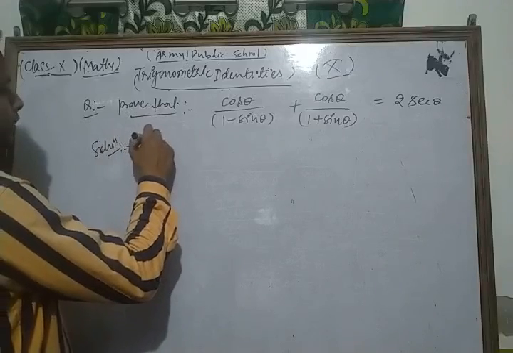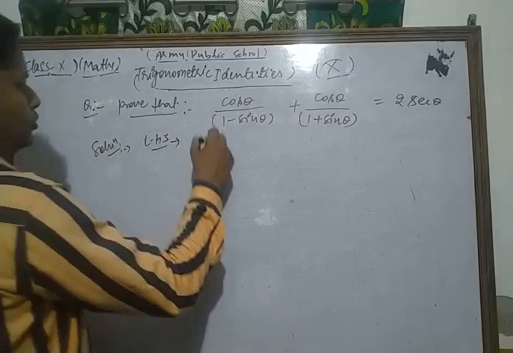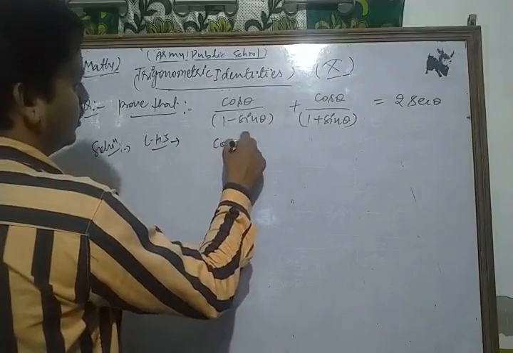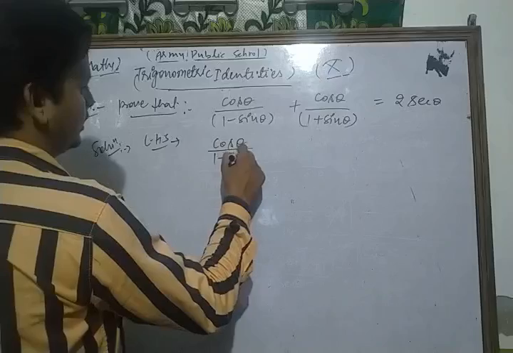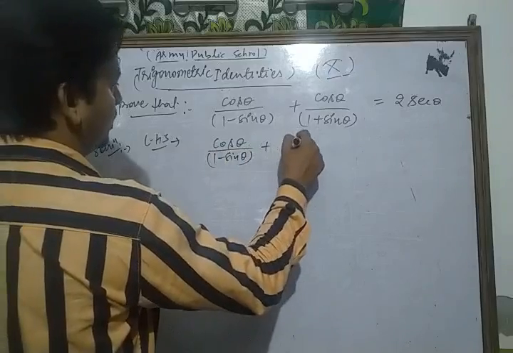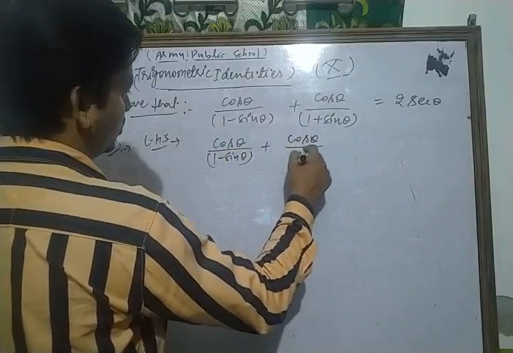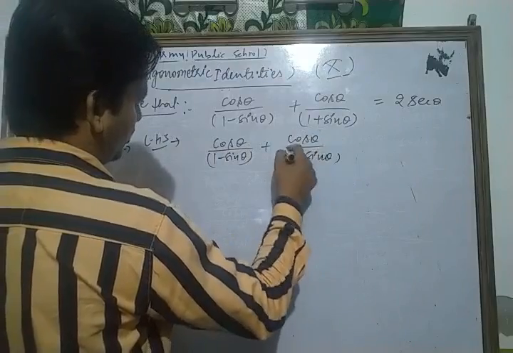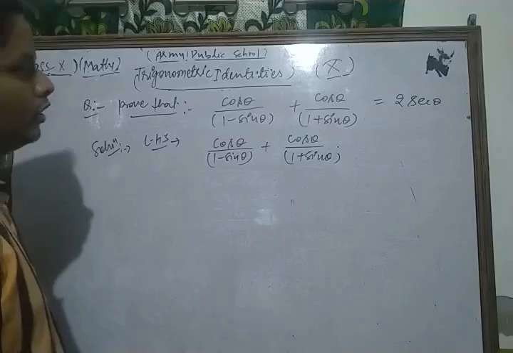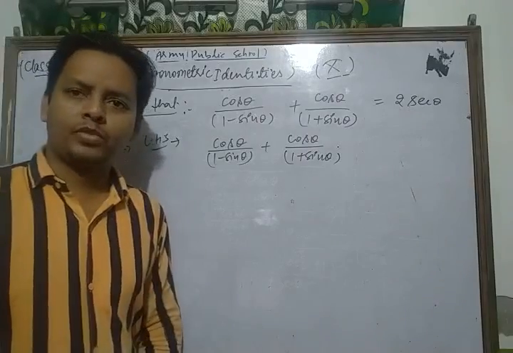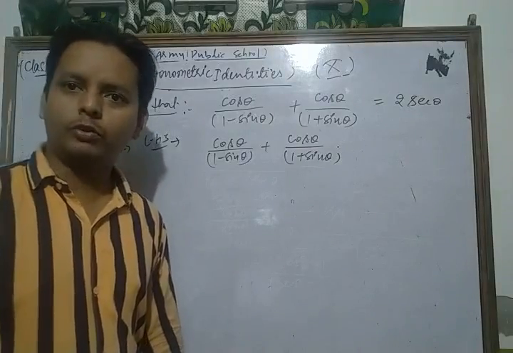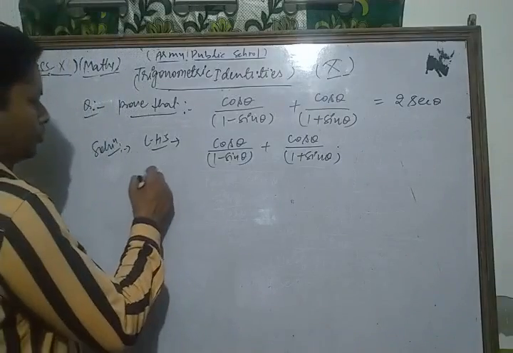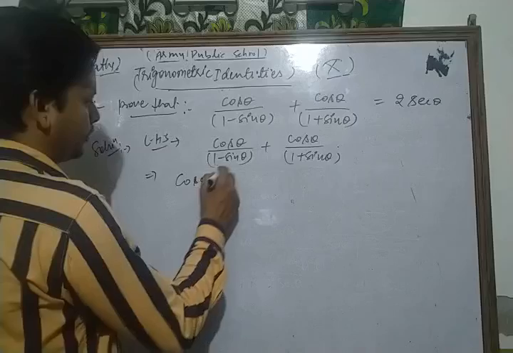So we take the left hand side. We have cos theta upon 1 minus sin theta plus cos theta upon 1 plus sin theta. First of all, we take cos theta as common from the numerator.